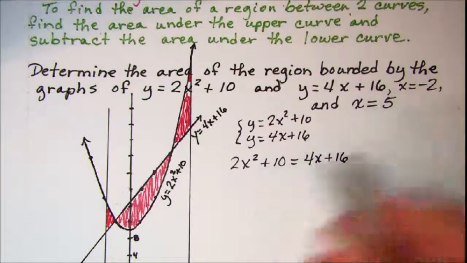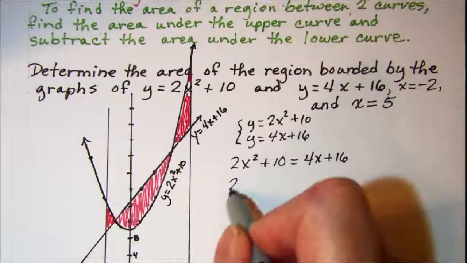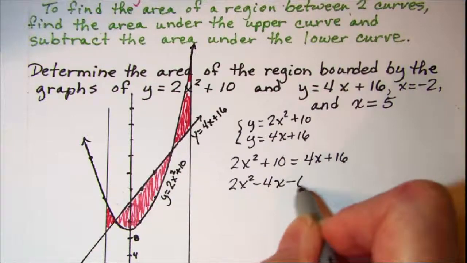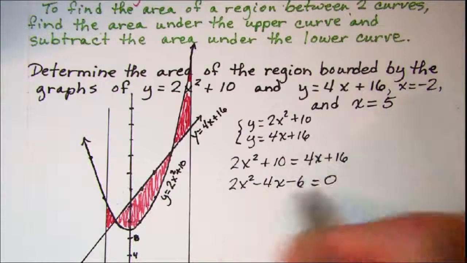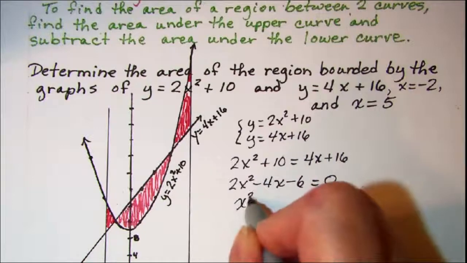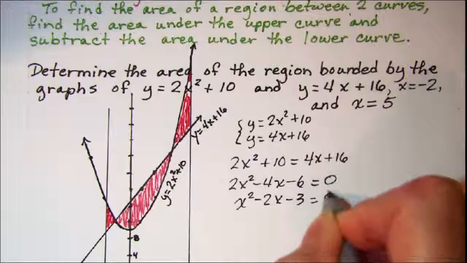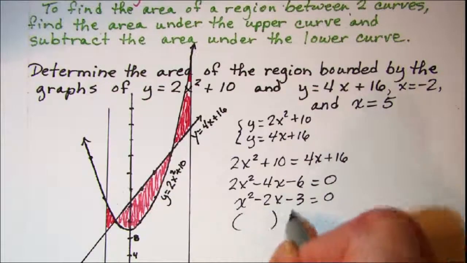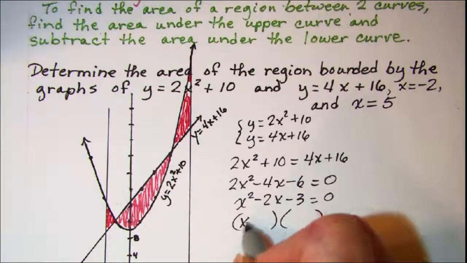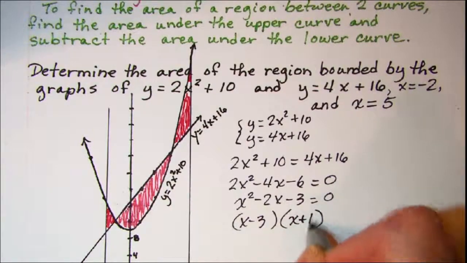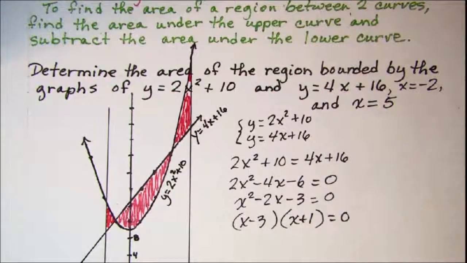When we move everything to the left, we get 2x squared minus 4x minus 6 equals 0. Divide through by 2. X squared minus 2x minus 3 equals 0. And then factor. We have x minus 3 multiplied by x plus 1, and that's equal to 0.